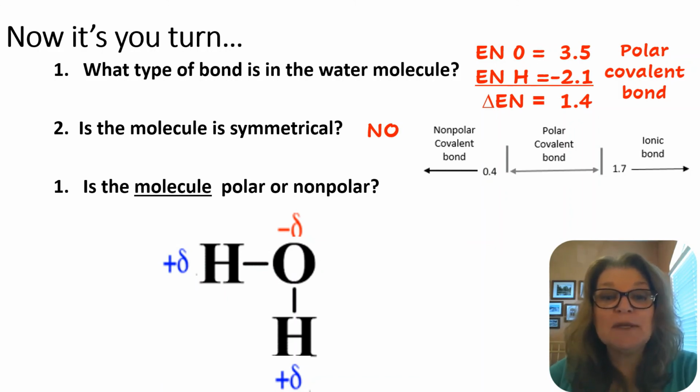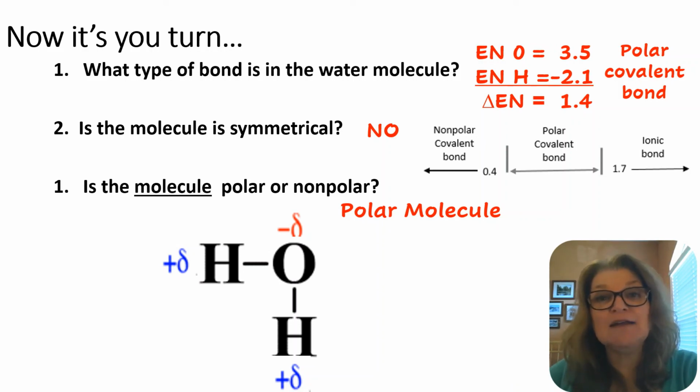Now we need to determine, is it a polar molecule or a nonpolar molecule? And remember in our flow chart, we said that if it has polar covalent bonds, it will be a nonpolar molecule if it is symmetrical. But if it's not symmetrical, it's going to be a polar molecule. So this actually is a polar molecule, which means it has a positive side and a negative side.